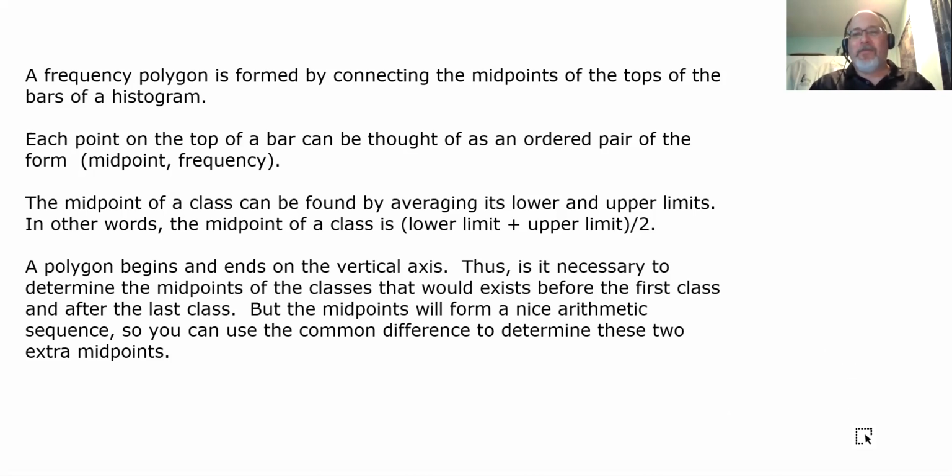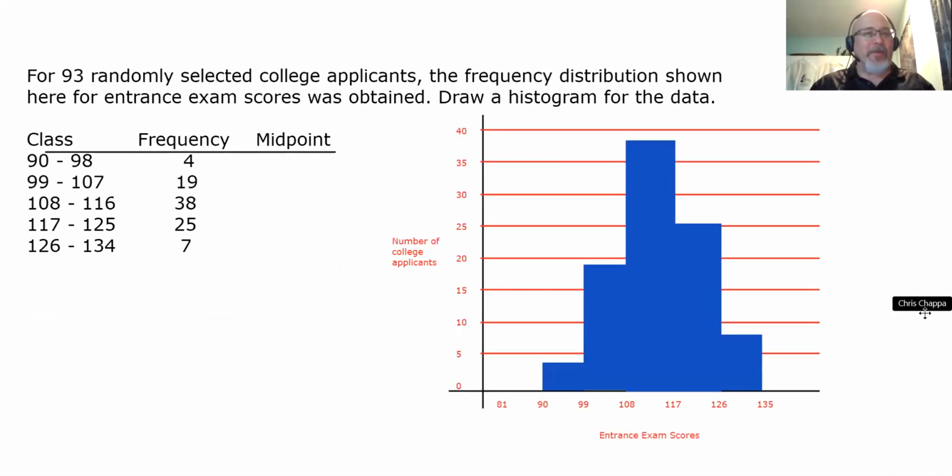Let me give you the visual. This is the histogram that was drawn from the previous video. So if you haven't watched video 3, I would recommend watching it to see where this comes from. But the concept of a frequency polygon is actually really easy.